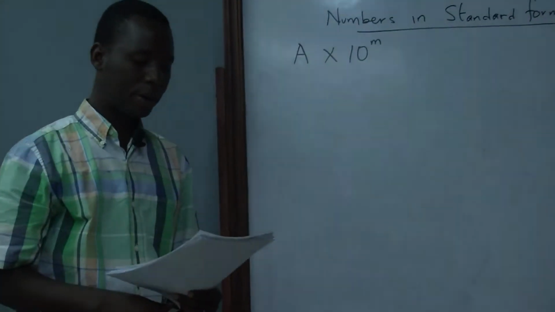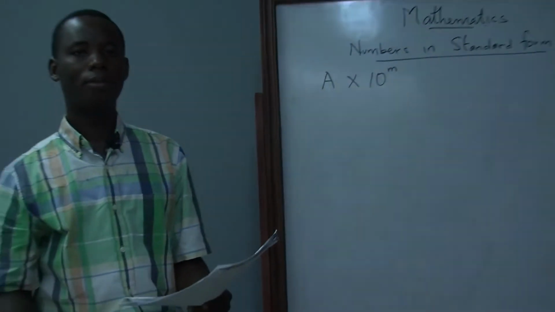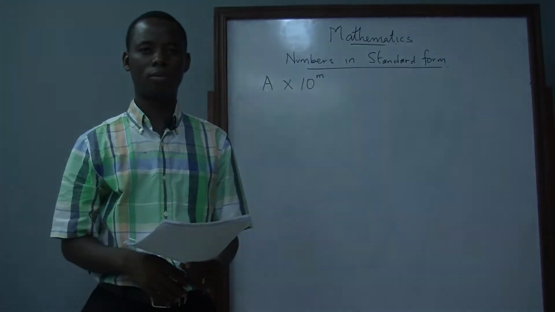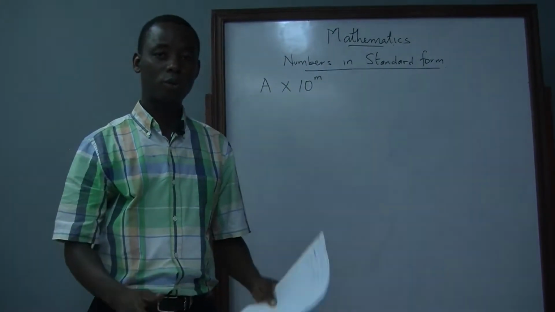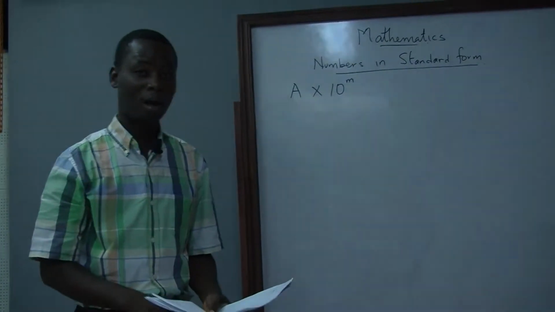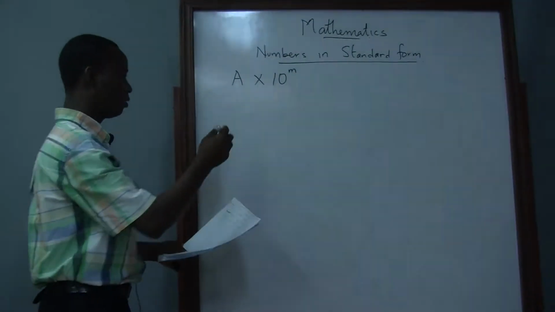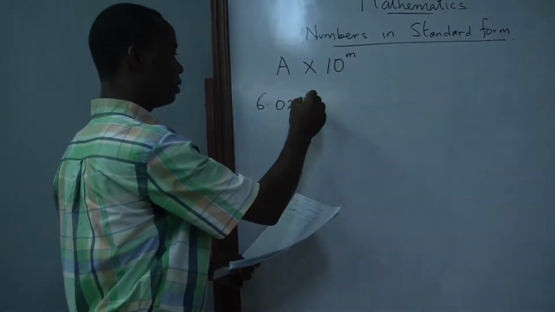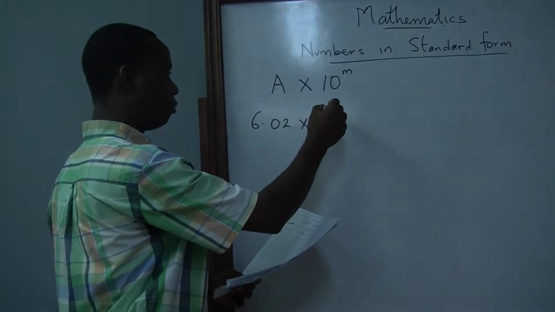In a situation where we're given numbers in standard form and we're to write them in the ordinary form, what do we do? All we're going to do is just the reverse of what we have been dealing with so far. Let's look at it carefully and see some examples. If, for example, we have 6.02 times 10 raised to the power of negative 2.